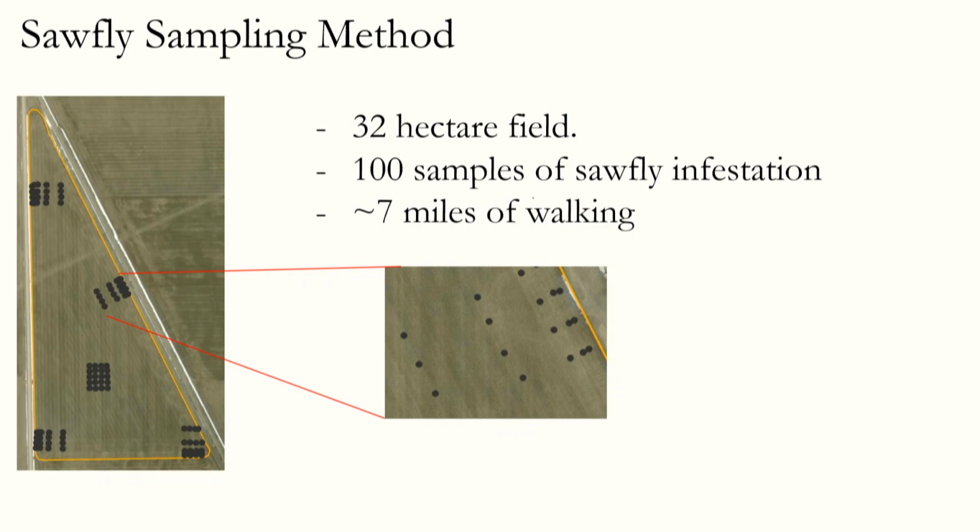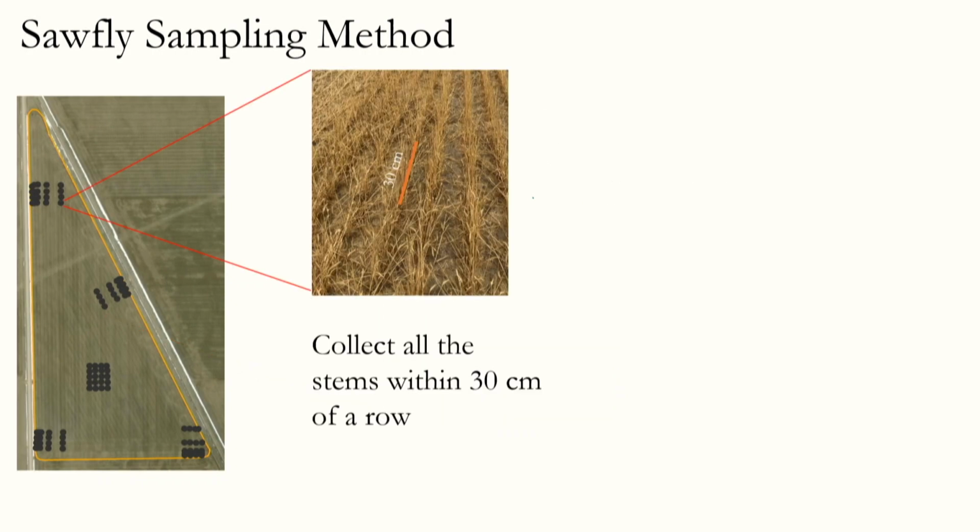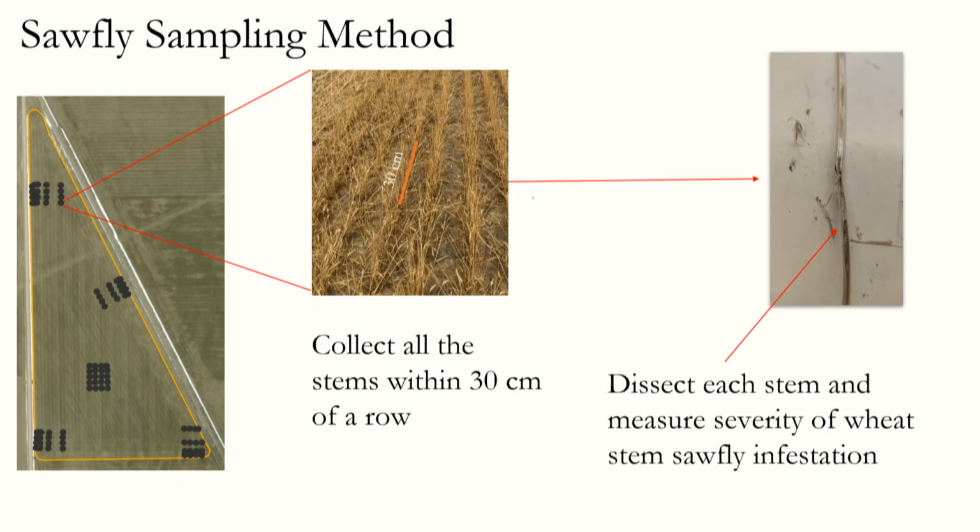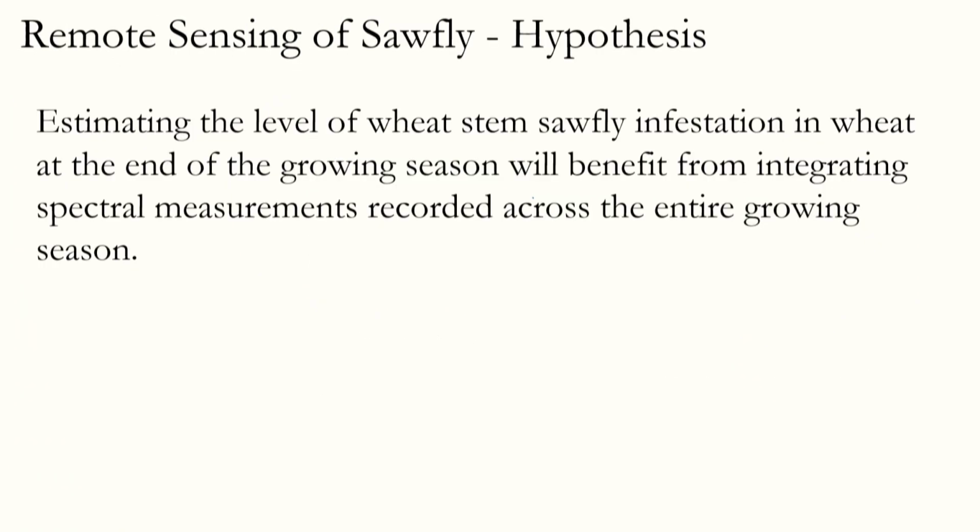So if we were doing a regular grid, I don't want to know what that number is. And for each of these samples, what we do is we grab all the stems within 30 centimeters of a row. We then take those back to the lab, of course, and we dissect them individually to quantify the extent of feeding and note things like parasitism.